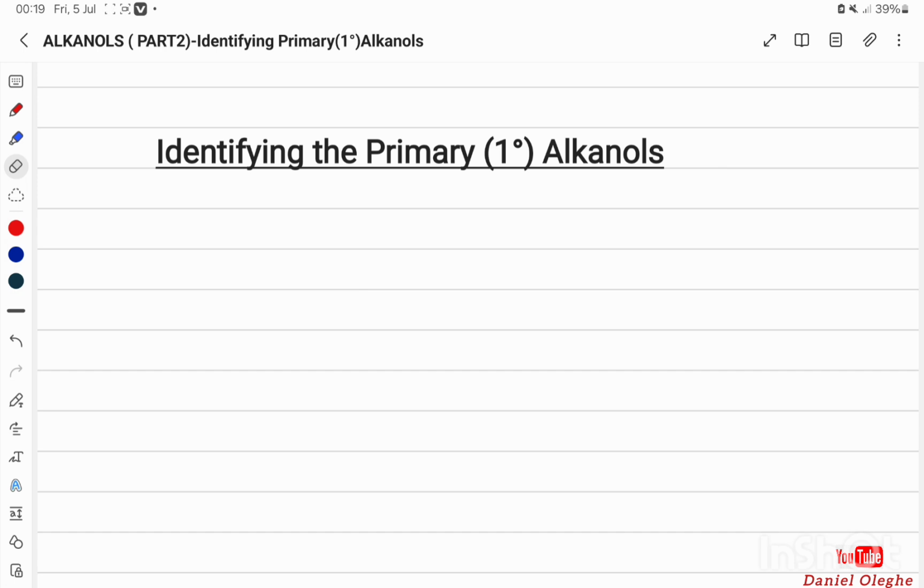Today we shall look at another way we can classify alkanols, and that is based on the number of alkyl groups attached to the hydroxy-carbon in their molecules.